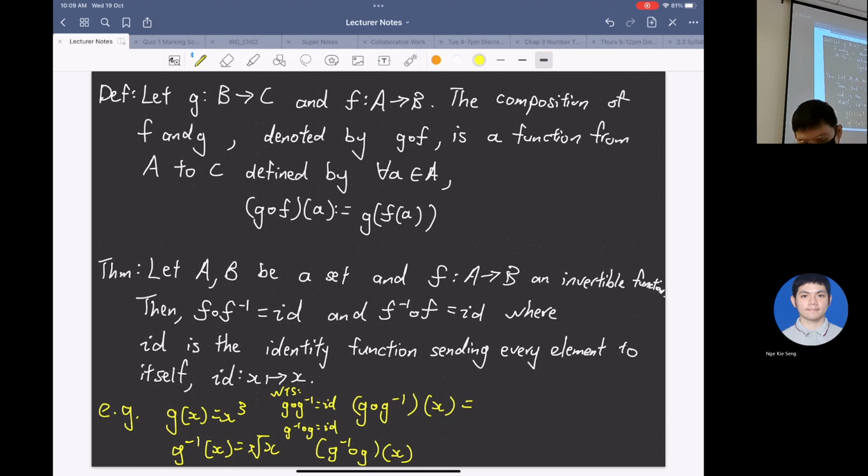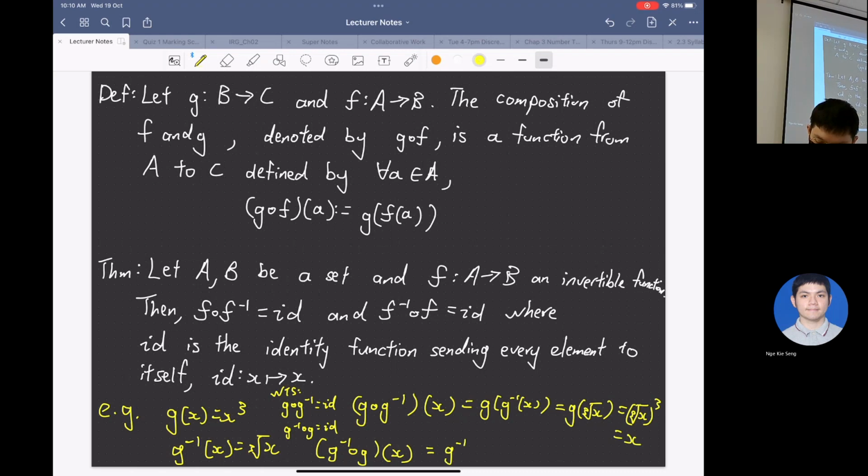So to show that it's an identity function, you just need to check on the elements, whether they get sent to themselves. So g g inverse x is g of the cube root of x, which is x. How about g inverse g x?